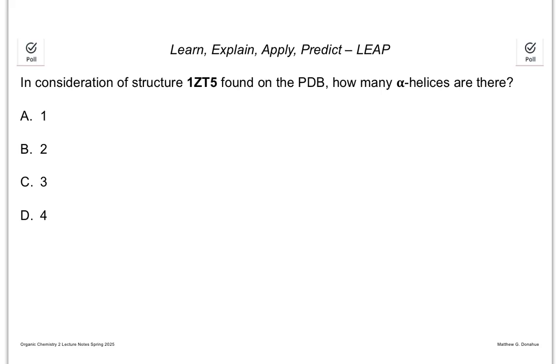So it's the pink bar. You can click on it, right? So you click on that pink bar, and then at the top right, it tells you the secondary structure.